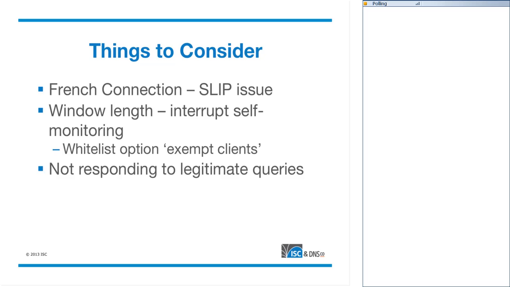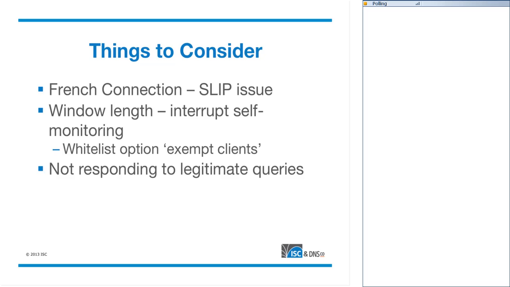So in that particular situation, yes, it's possible, but the conditions have to be just right for it. And we do know that RRL is not turned on by default. You have to turn it on, and so you just have to balance the risks.